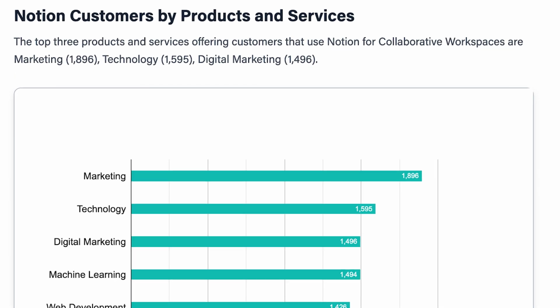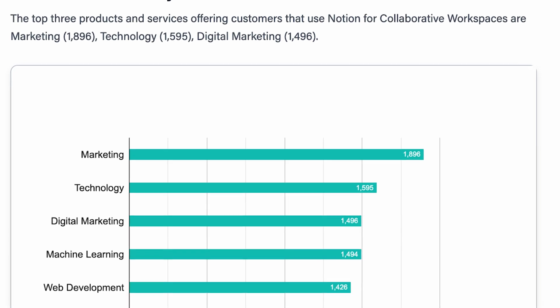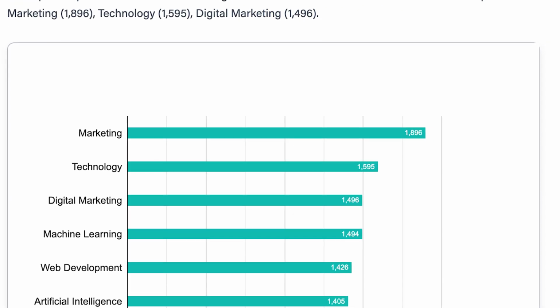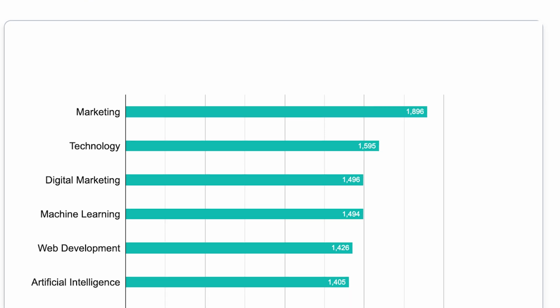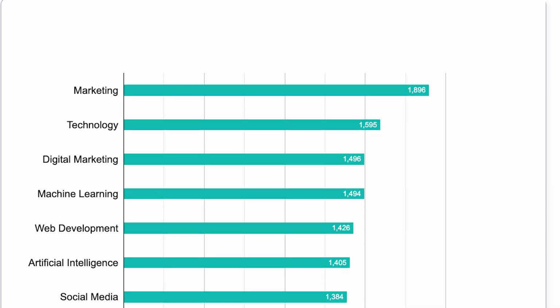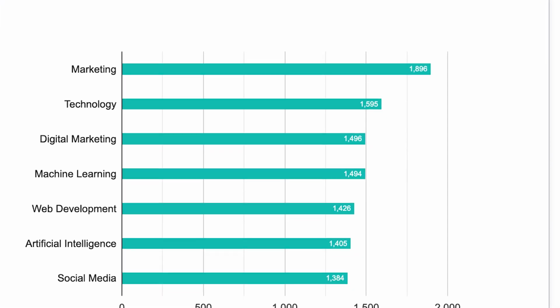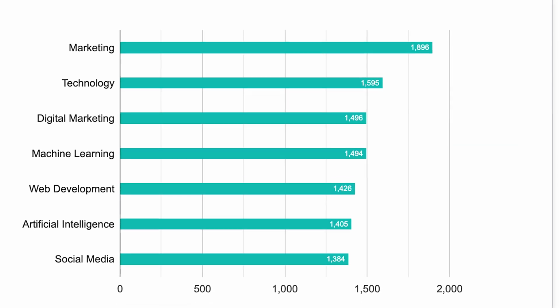Notion, on the other hand, is the go-to tool for geeks and productivity enthusiasts and marketers. So here you can see the top 3 products and services offering customers that use Notion. So you can see marketing, technology, digital marketing, web development, and social media is also here.